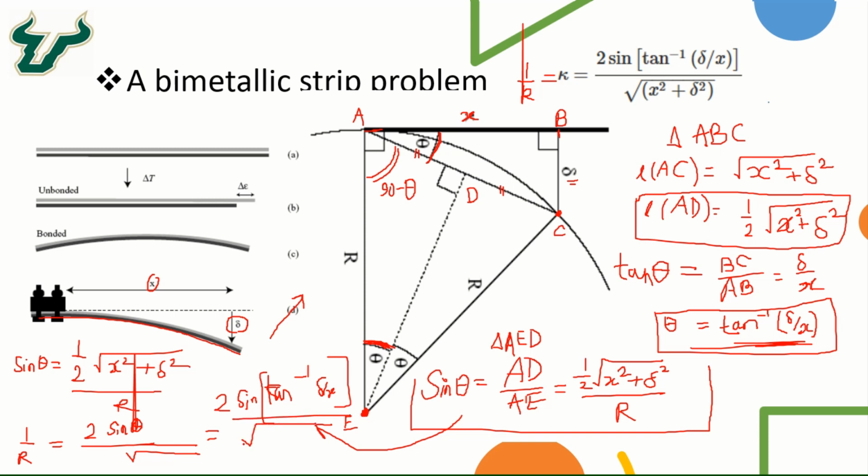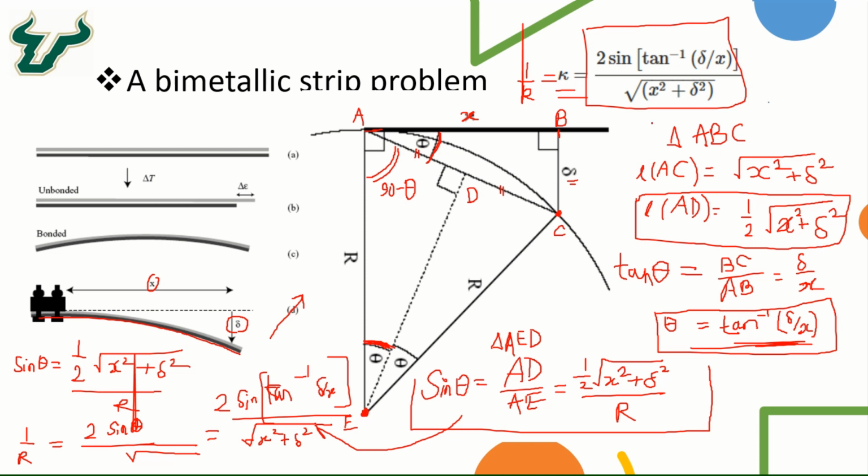So this is finally equal to 2 times sine of, in brackets, tan inverse of delta over x, over the square root of x squared plus delta squared. Okay, and 1 over r is equal to k. So that is how we get the final form of the equation based on the geometry of this strip deflection: 1 over r, that is equal to k, equals 2 sine tan inverse of delta over x over the square root of x squared plus delta squared.